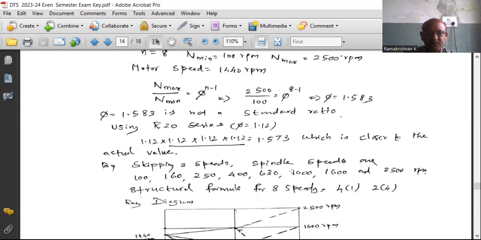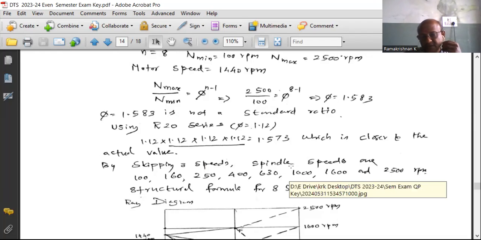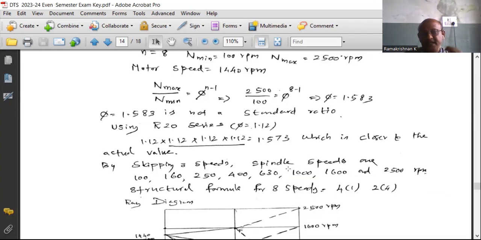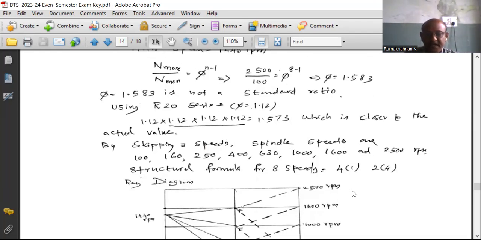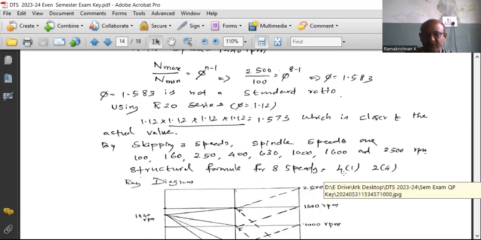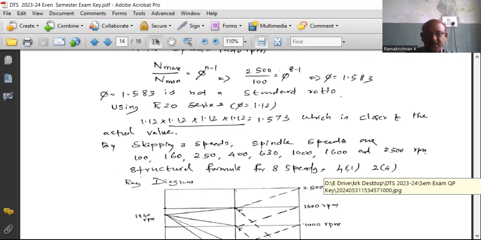Now let us move on to the structural formula for this problem. In the problem, the output is 8 speeds. Here the 8 can be split up into 4 into 2. Then the 4 within the bracket is the input.